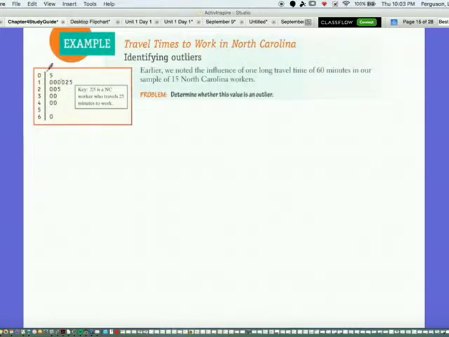So we're going to take this data set and organize it from lowest to highest. We've got 5, four 10s, a 12, a 15, two 20s, a 25, a 30, another 30, a 40, and a 60.